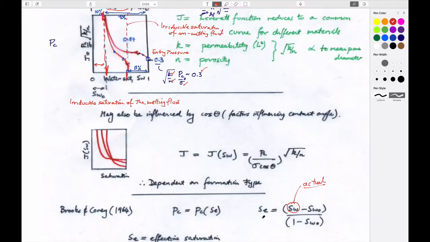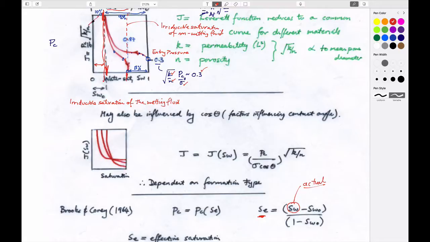So if instead of plotting the saturation that we've done here for each of these capillary pressures, we plot an effective saturation, which is merely the saturation minus the irreducible saturation, divided by 1 minus the irreducible saturation. If you think about what this equation is, the saturation minus the irreducible saturation means that we're just lopping off this portion of the graph.